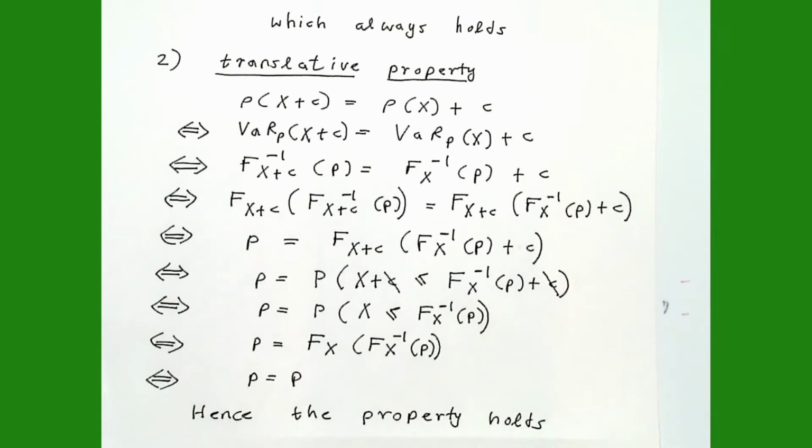Now the third property we need to prove for VaR is the monotonic property. Right, number 3.